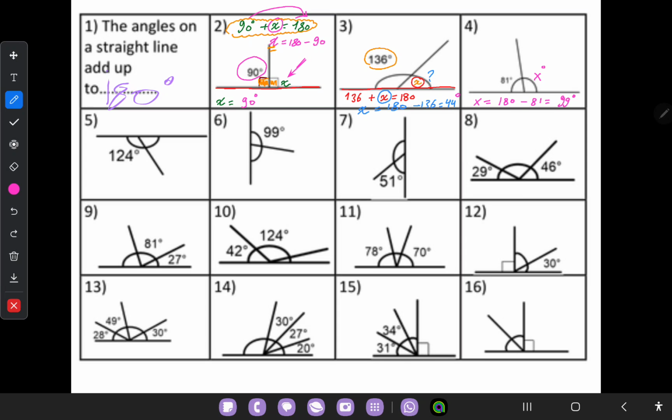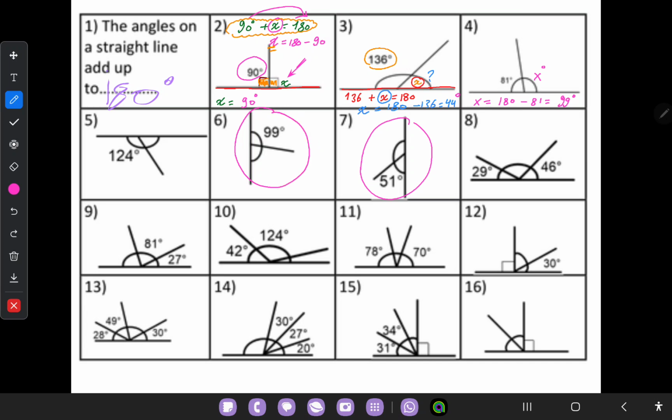In question number 5, we also have two adjacent angles drawn on the same straight line. But this question is different from the other questions because it is drawn in a different way. We have many ways to express angles on a straight line, like this way and like this way.